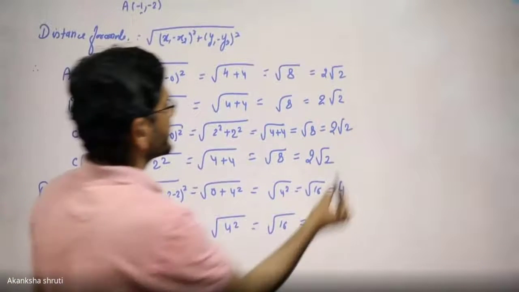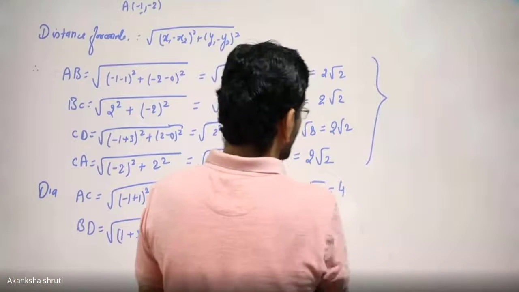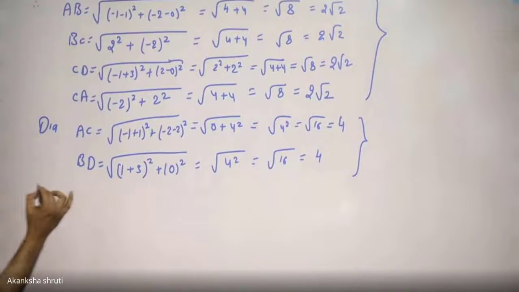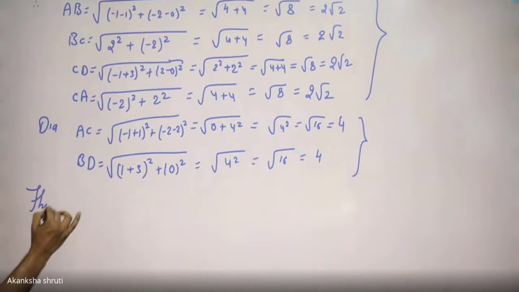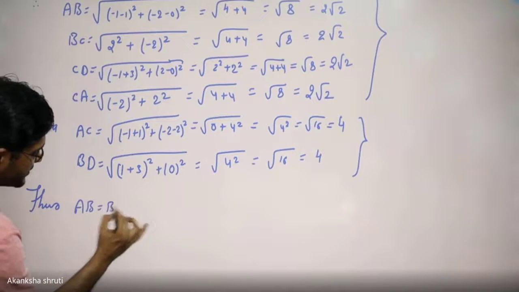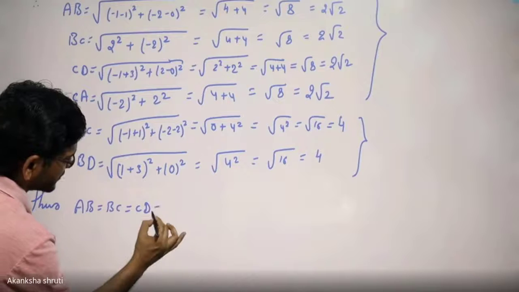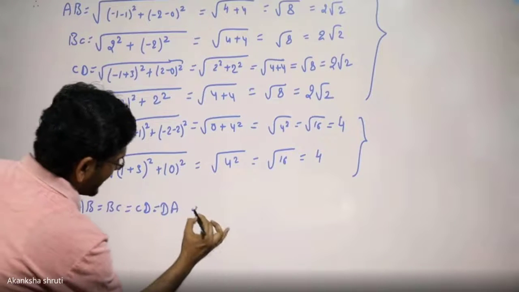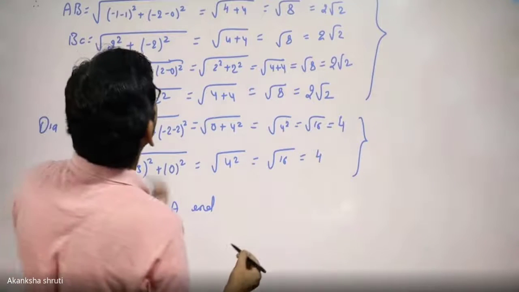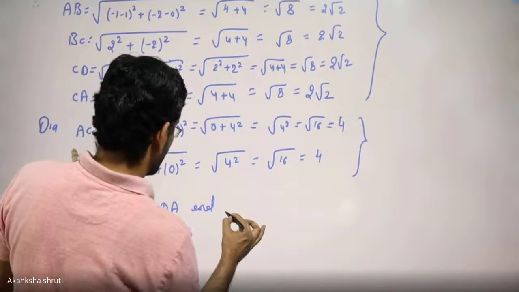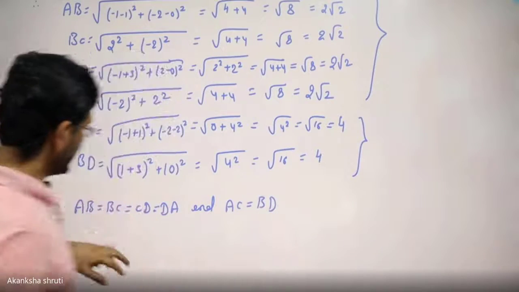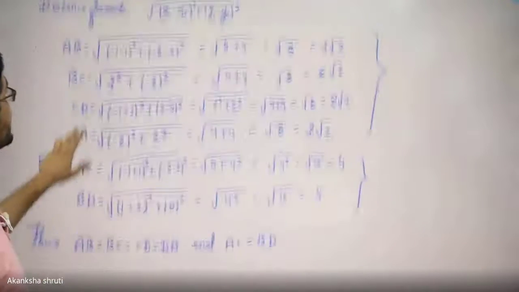What we are getting from this set, what is the conclusion that we have to write? Thus, AB is equal to BC is equal to CD is equal to DA, and the diagonal AC is equal to BD. Students, keep in mind, this ABCD we have named.